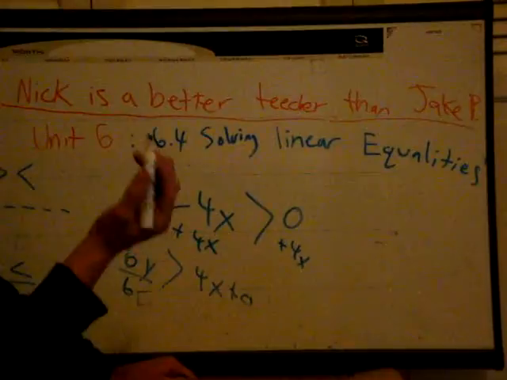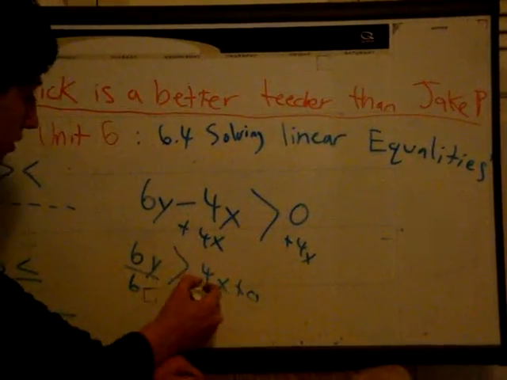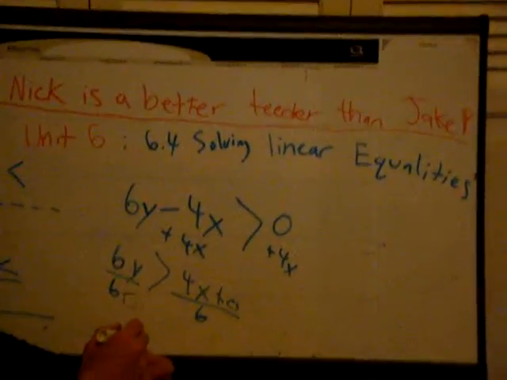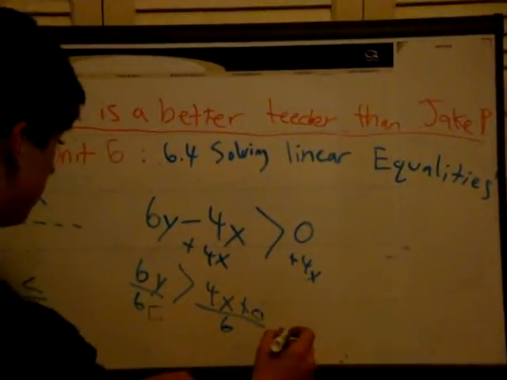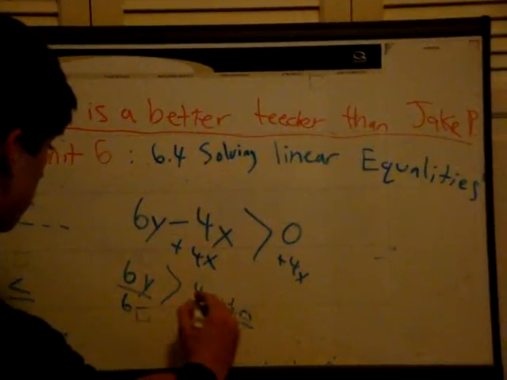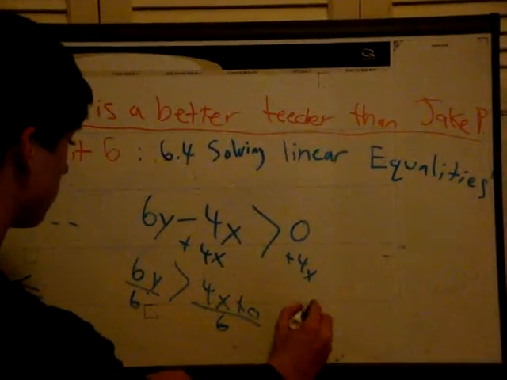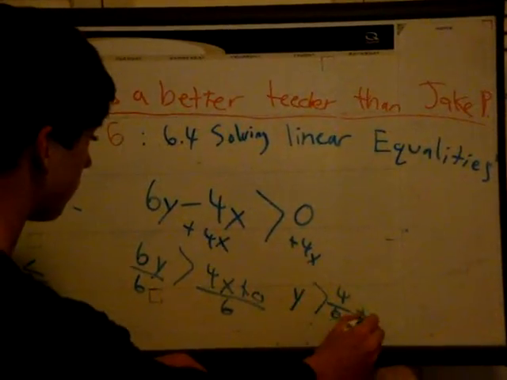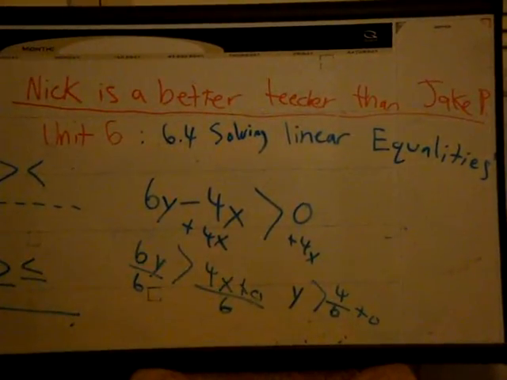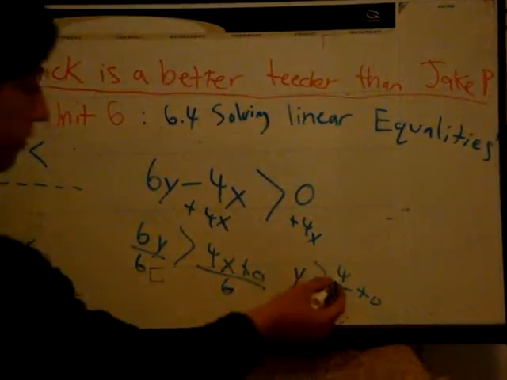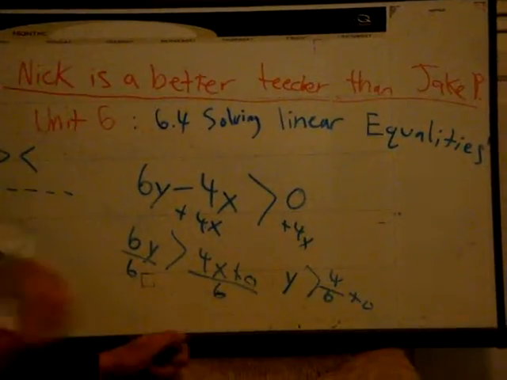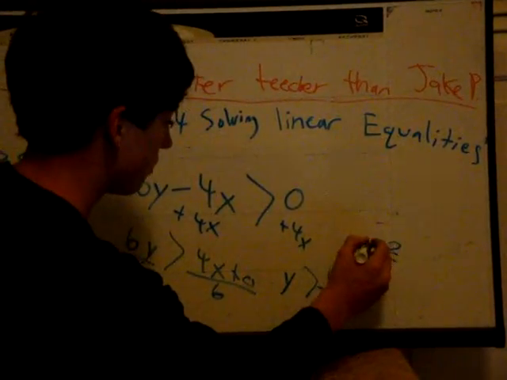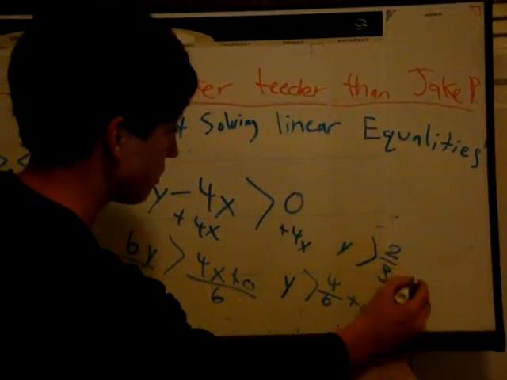Divided by 6, because y has to be by itself. Divide this whole side by 6. That will give us y is greater than 4 over 6 x plus 0. And by the way, 4 over 6 is the same as what? If we reduce, 2 over 3, which makes things a little easier.